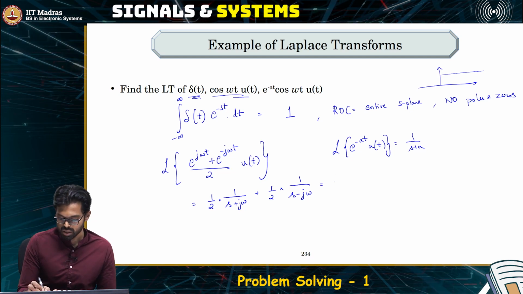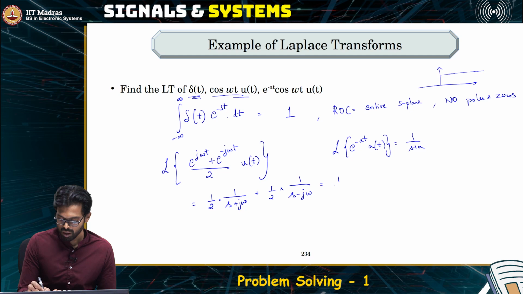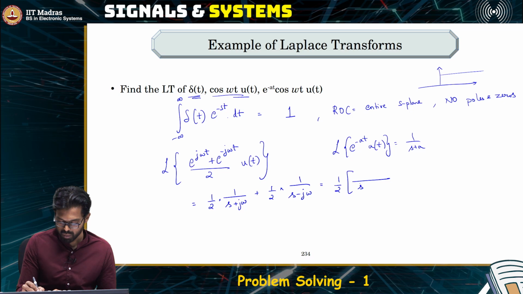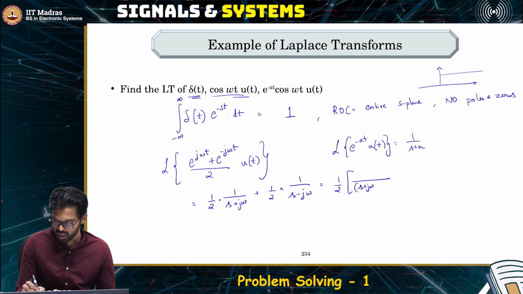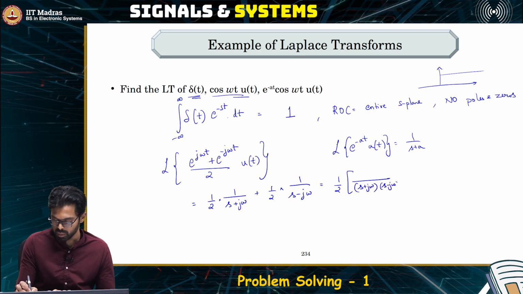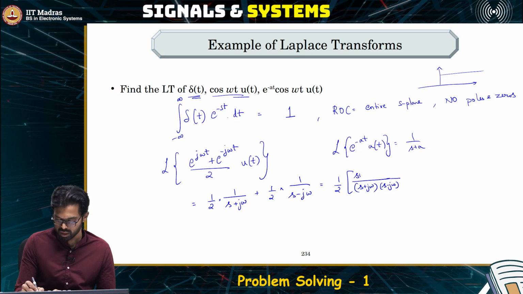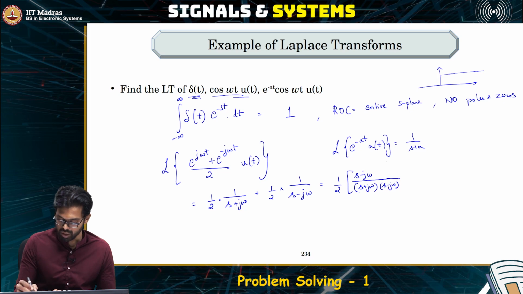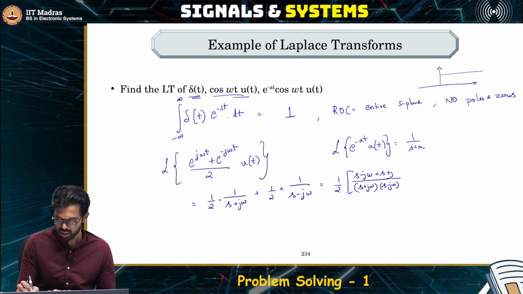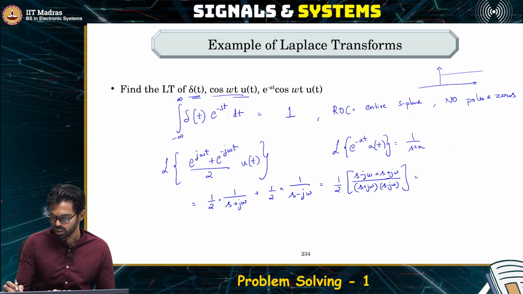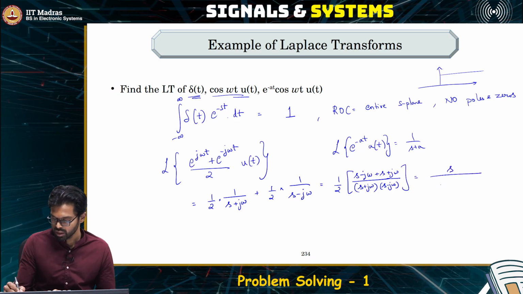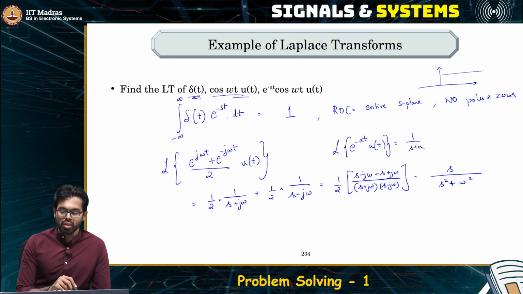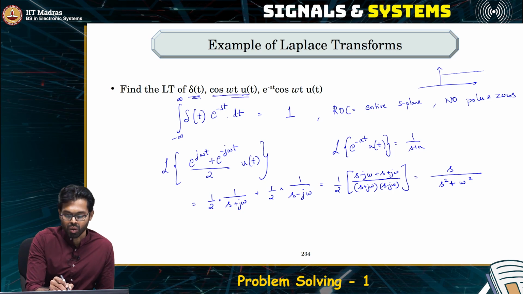In other words, this is half of s minus j omega plus s plus j omega over s plus j omega into s minus j omega, which is equal to s by s square plus omega square. So this is the Laplace transform of the expression cos of omega t u of t.